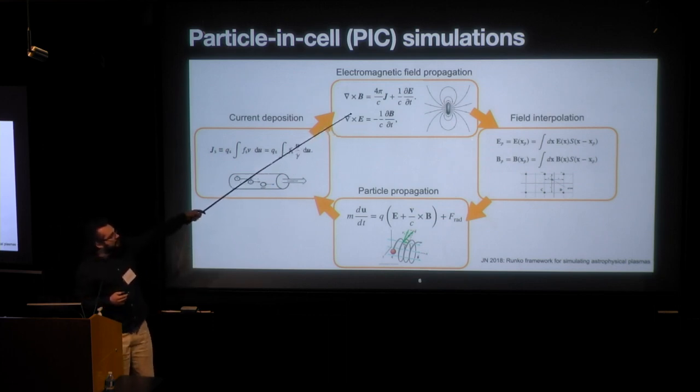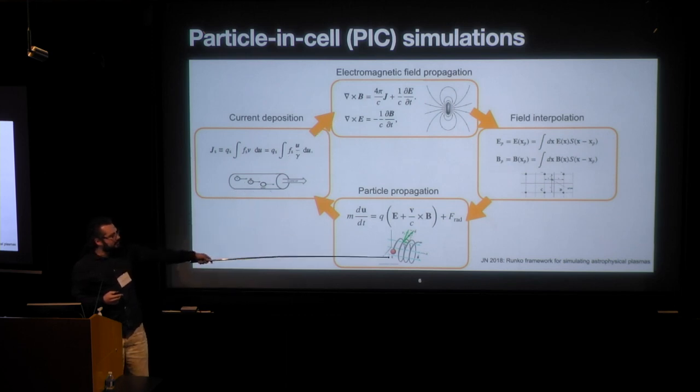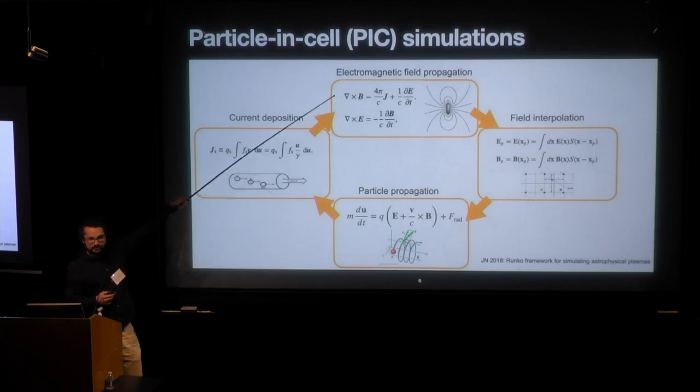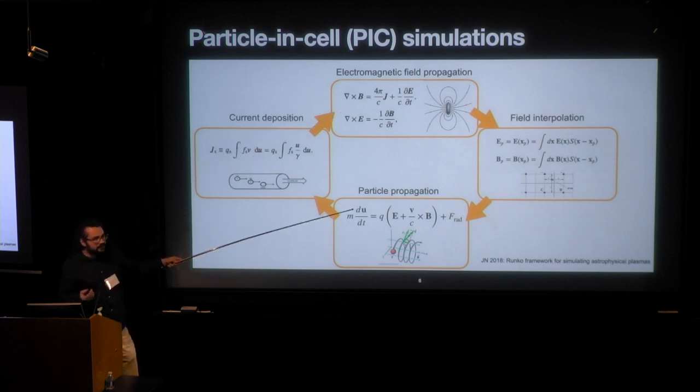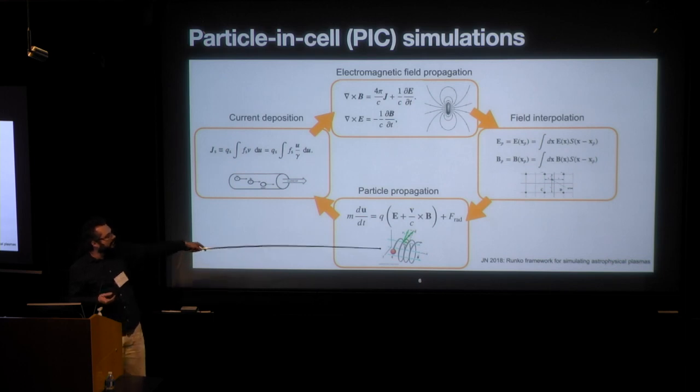Electric and magnetic fields exist on the 3D grid, like different grids for electric and magnetic fields, but it doesn't matter. We have fields on the grid. We have particles traveling between the grid points, and fields accelerate particles.